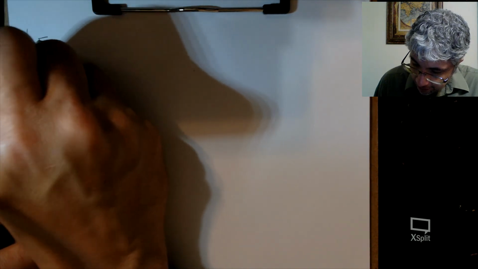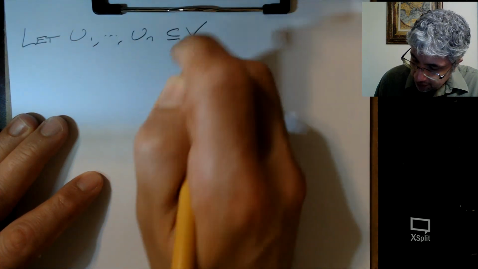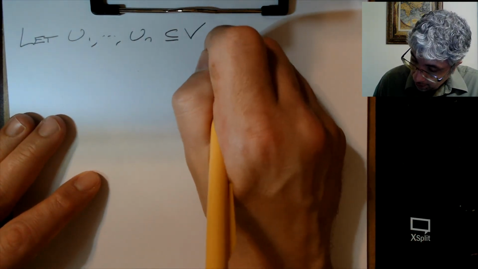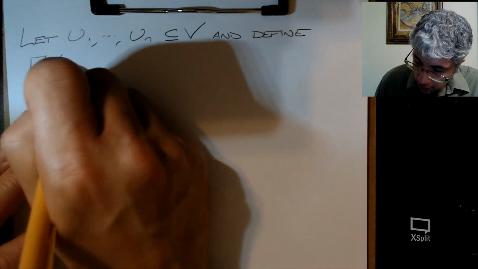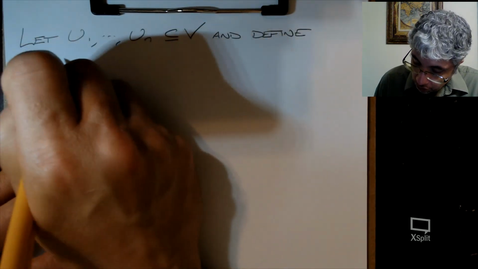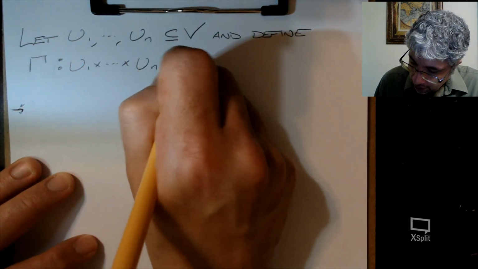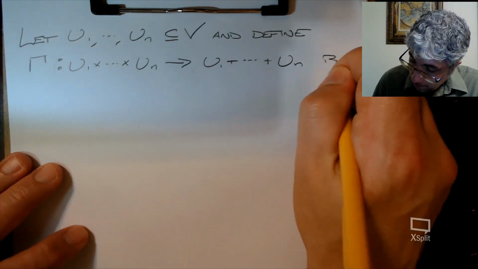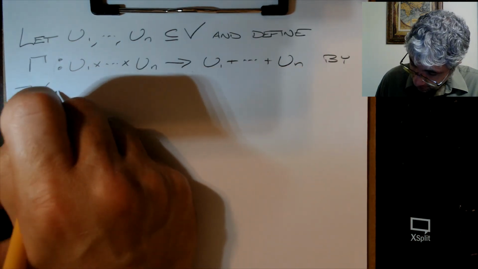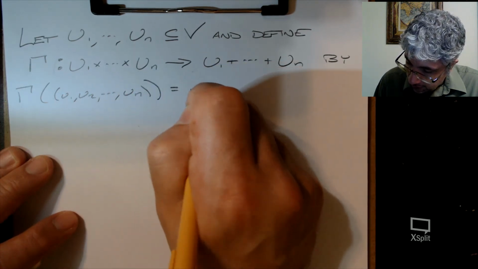So let's let U1 through UN be subspaces of a vector space V. And we're just going to define our gamma like we did before. First of all, I'll say where it goes from and to. It goes from U1 cross through UN to U1 plus all the way to UN by gamma of (U1, U2, through UN) is equal to the sum.